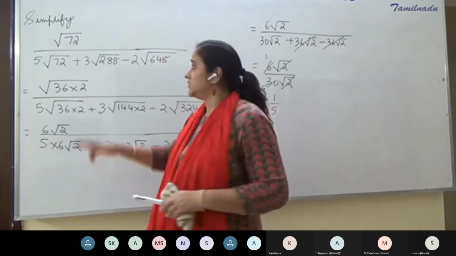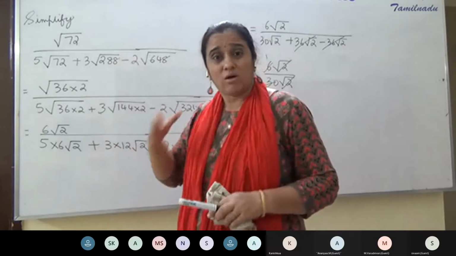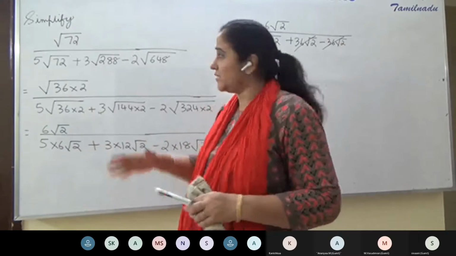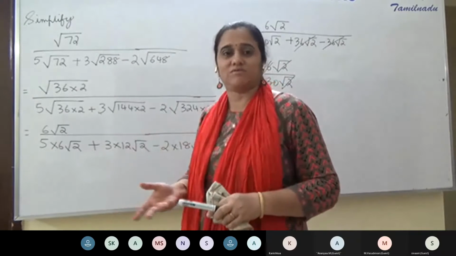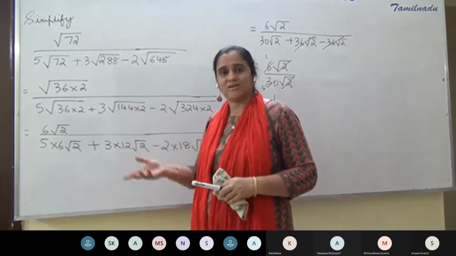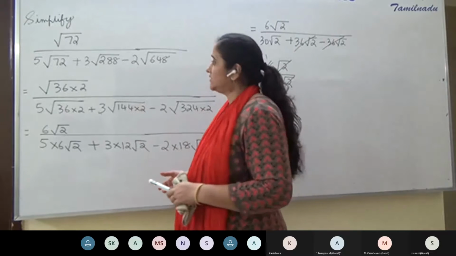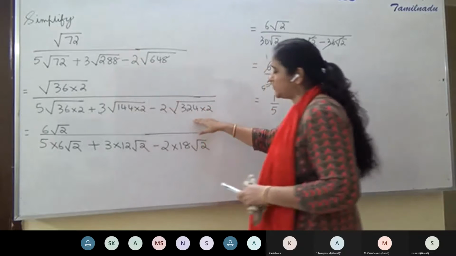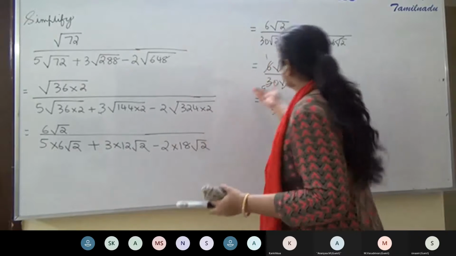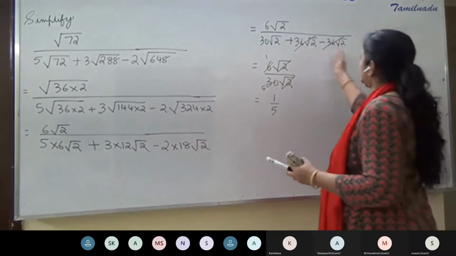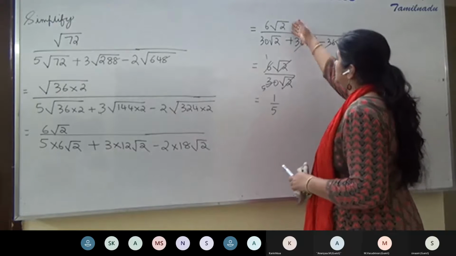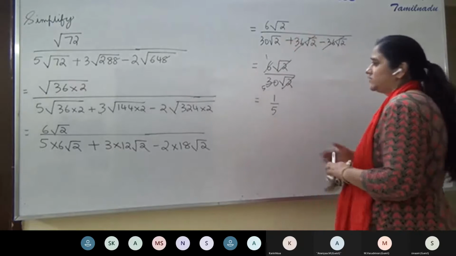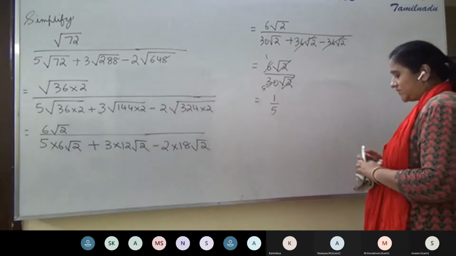That's the order in which you simplify. So we have this as the first step, and then this cancels: 6 root 2 by 30 root 2, and it simplifies to 1 by 5.